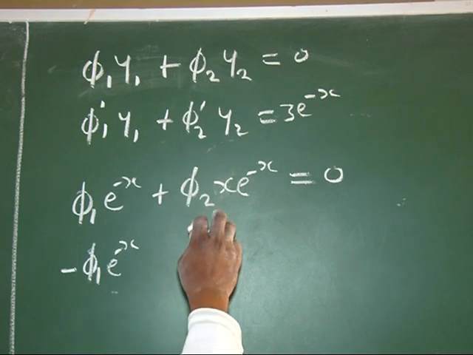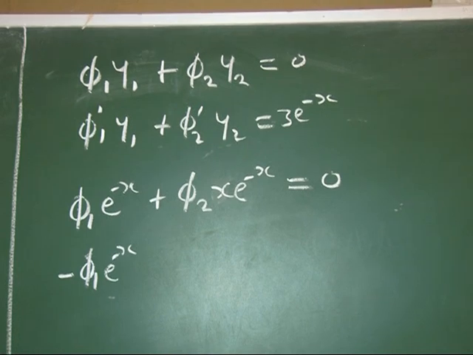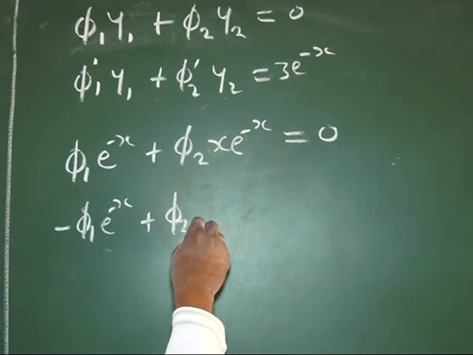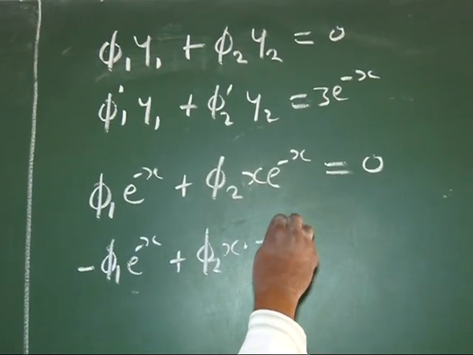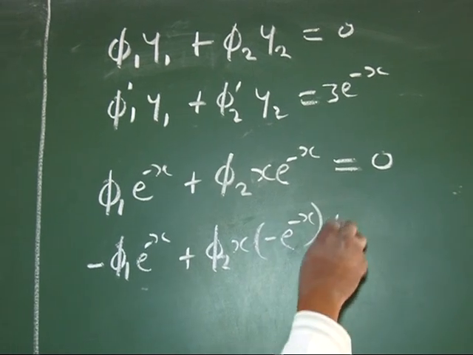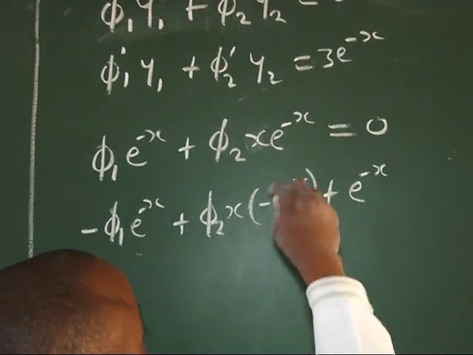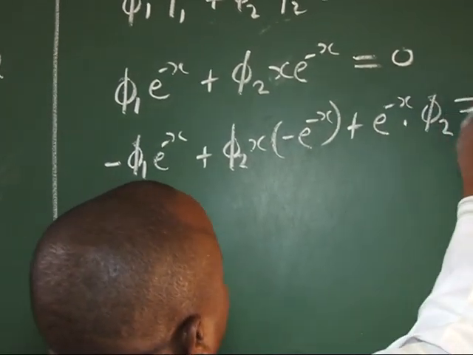Then this place is a product, so we have it in product form, and that will give us phi 2 x. To differentiate here, we have minus e^(-x) plus e^(-x). Then we differentiate this, we have phi 2, which is equal to 3 e^(-x).